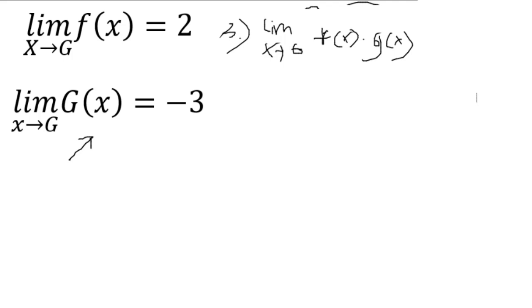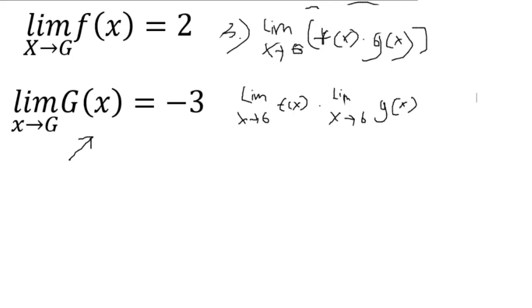What we're going to do here is just take the limit of both functions directly. So we have the limit as x approaches g of f of x times the limit as x approaches g of g of x, and then we just replace them with our values from the top left.